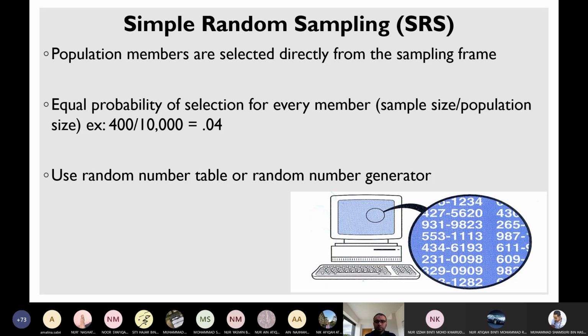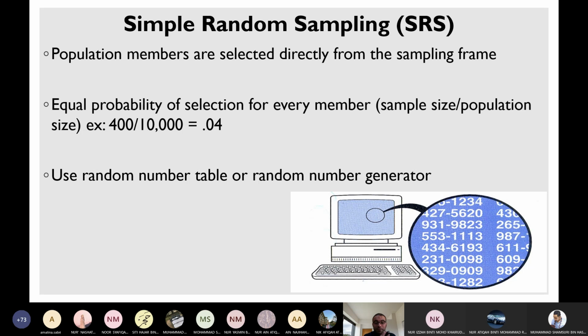In simple random sampling, you have a number of participants based on the population size. For example, in this example, our population size is 10,000 and the sample size is 400. After the calculation, we estimate we need a sample of at least 400 to represent a population of 10,000.